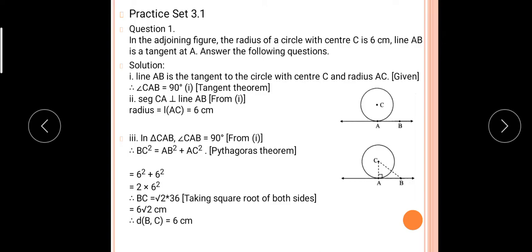Very simple. Now this is the Pythagoras theorem. In Pythagoras theorem, all of you know that angle CAB is 90 degree. Therefore BC square is equal to AB square plus AC square.